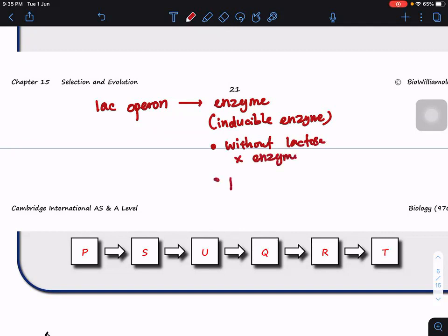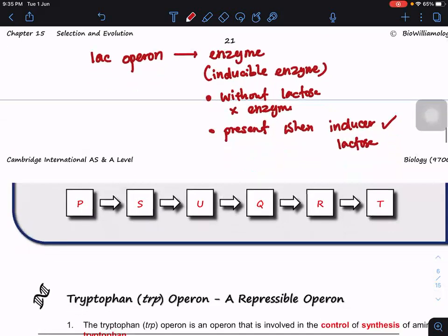It is only present when the inducer is present, in this case, lactose. When the lactose is present, you induce the enzyme, so now the enzyme is made. This is the idea of the inducible enzyme.